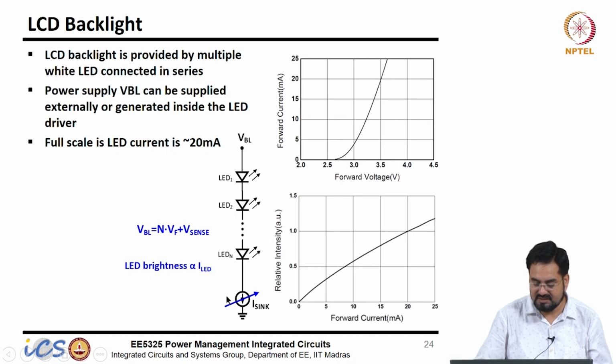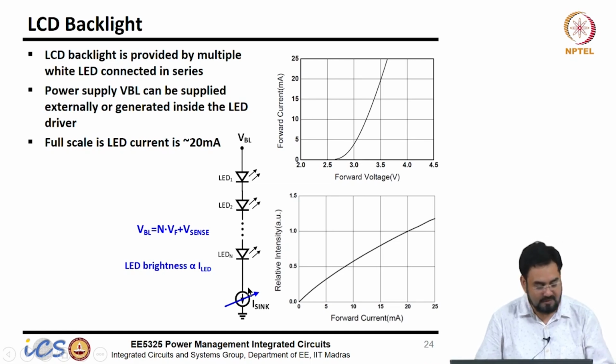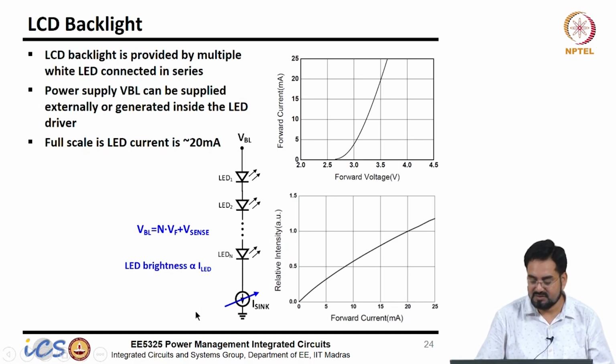V-sense is nothing but the voltage across this current sink. LED brightness is proportional to ILED, so you can see the intensity here. By controlling the current, you can control the brightness of your display.